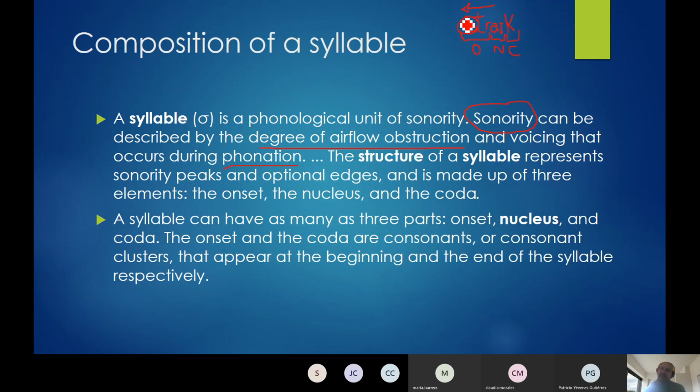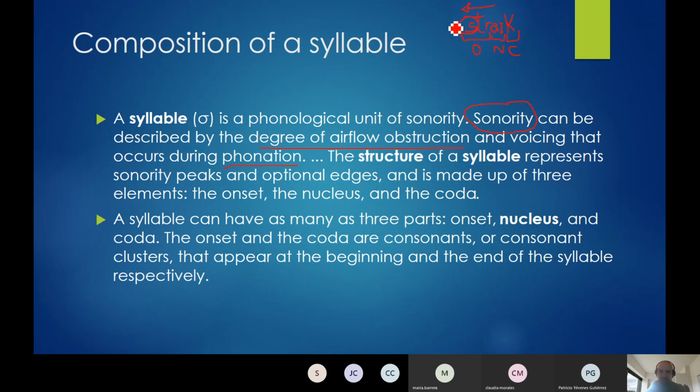Okay, so that's the composition of a syllable in terms of sonority: the closer the sound is to the nucleus, the more sonorant, and the farther away from the nucleus, the less sonorant.